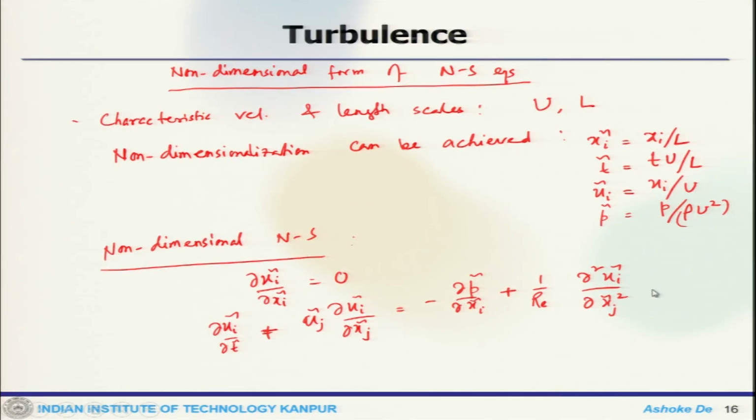Now, here the Reynolds number Re is defined as characteristic velocity times length scale by nu, which is the ratio of two forces, one is inertia divided by viscous forces. So, that is what we get.